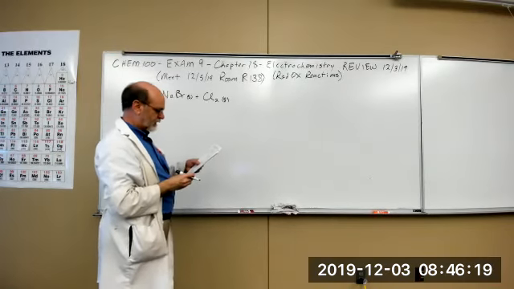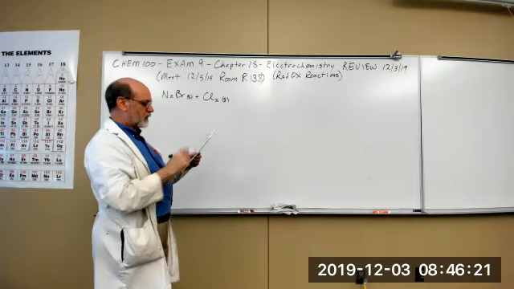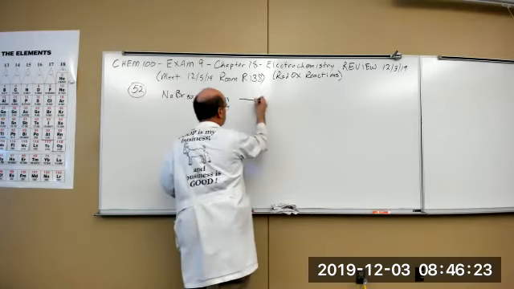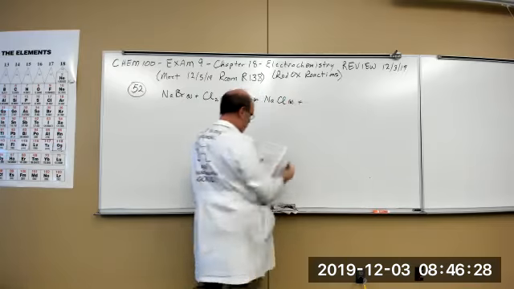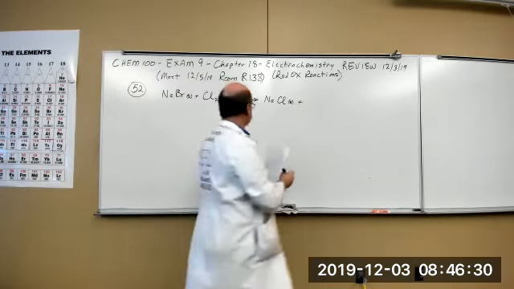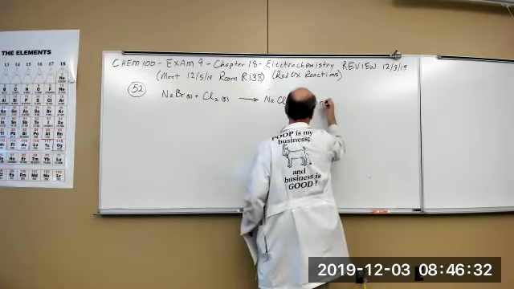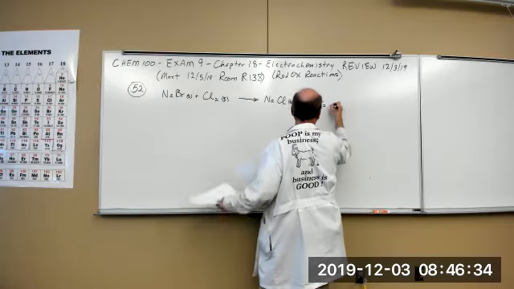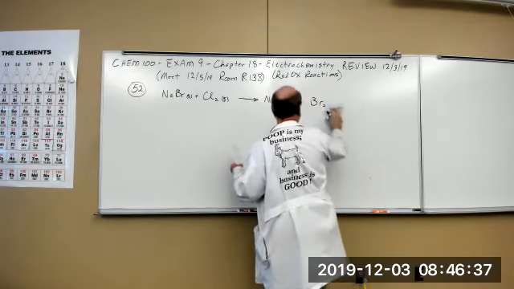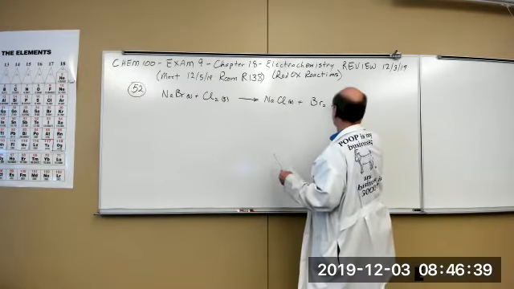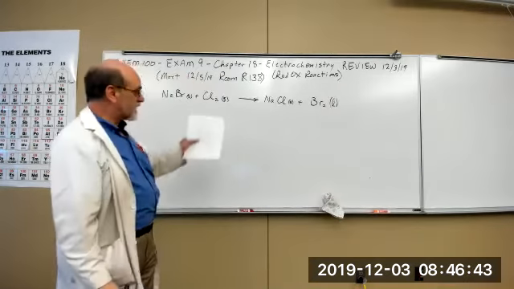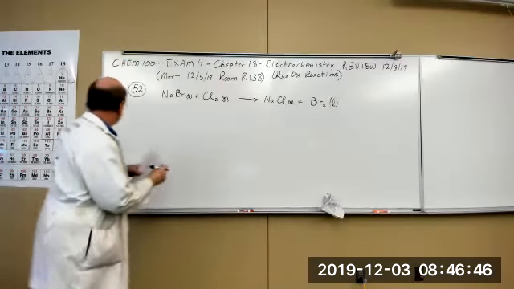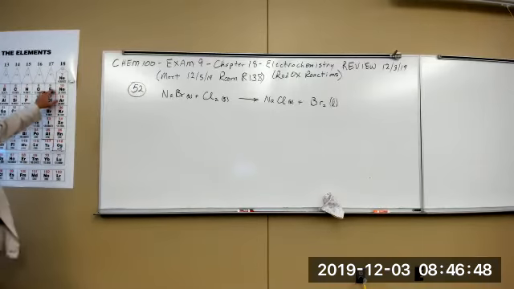To form sodium chloride. And what else? Bromine. That's going to be a liquid, right? In its standard state, bromine is a liquid, but it's diatomic, because all of these are diatomic, plus hydrogen.